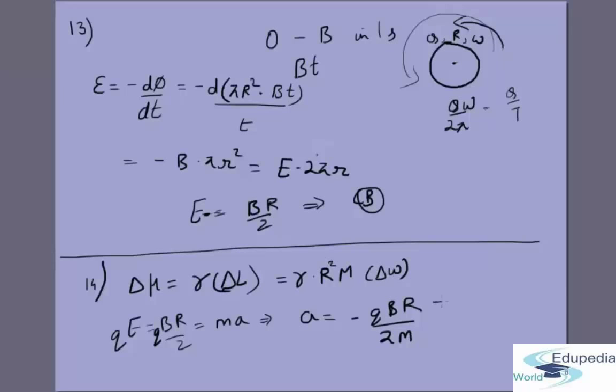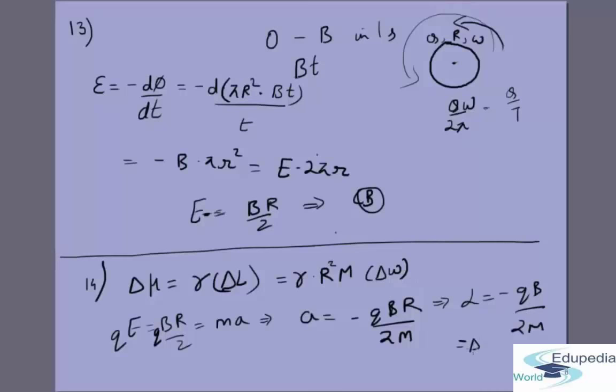So a is minus qBr by 2m, it is equal to alpha r. Alpha is equal to minus qB by 2m, which means delta omega will be alpha into the time. Sorry, not the time period, the total time in which this change occurs. That total time is 1 second because the magnetic field goes from 0 to B in 1 second.